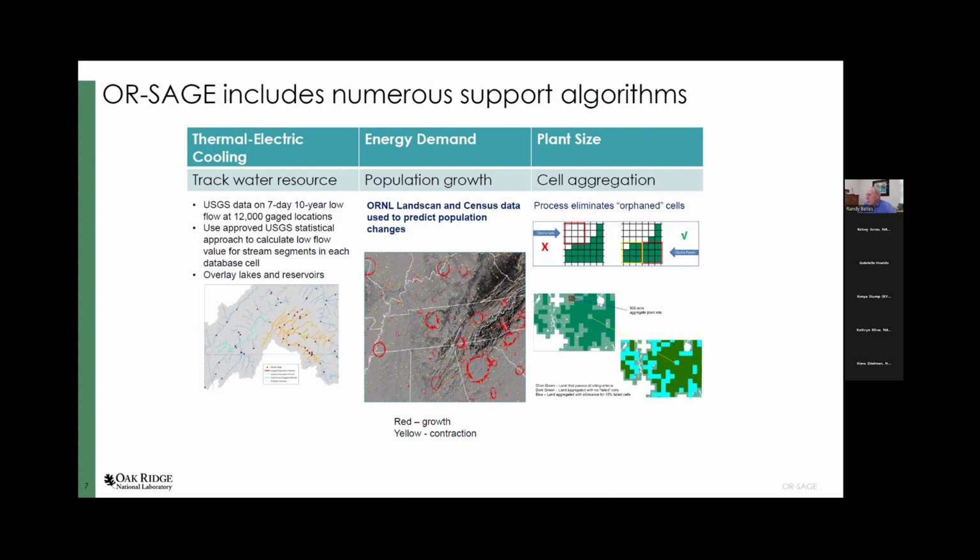The red is growth around major cities. And then if you can see the yellow polka dots, those are the smaller areas where population decline is forecast. And then finally on the right there, we have an algorithm that can pull database cells together to support a given reactor technology footprint. Next slide.